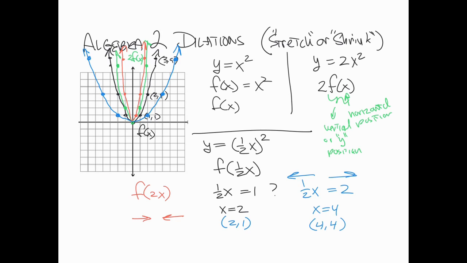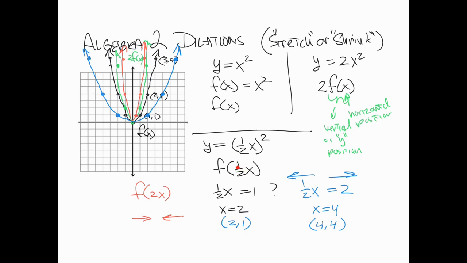So what you're going to see when you do some of these Delta Math exercises is a parent function. In this example, you'd see that black curve, y equals x squared, and then you'd be presented with a transformation equation like this. And what I want you to do is think about this in terms of the function. What was the function, x squared in this case, and how would it be transformed?